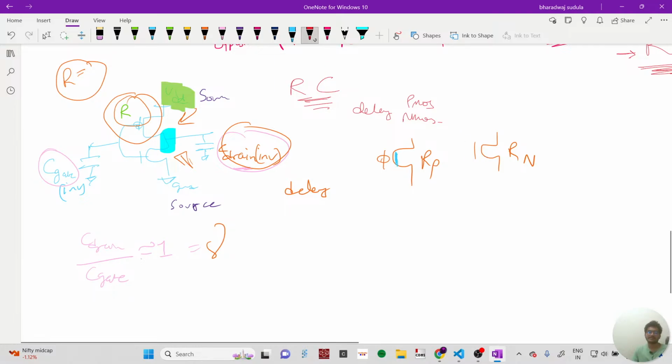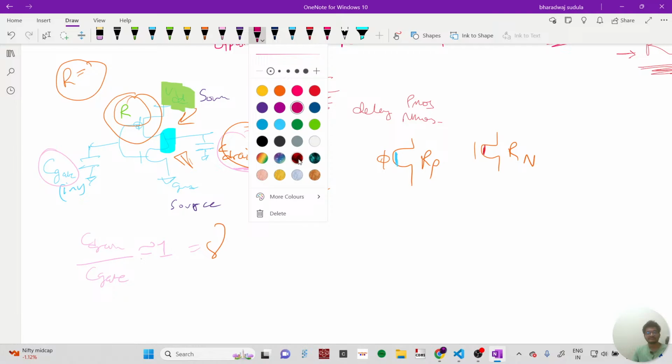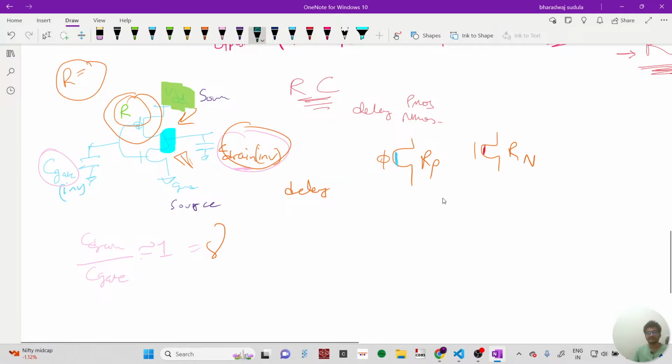So this resistance also depends on the channel and all those things. At the end, after several analyses, we found that the resistance of PMOS is approximately 2 times the resistance of NMOS. This is obtained from the current equation.